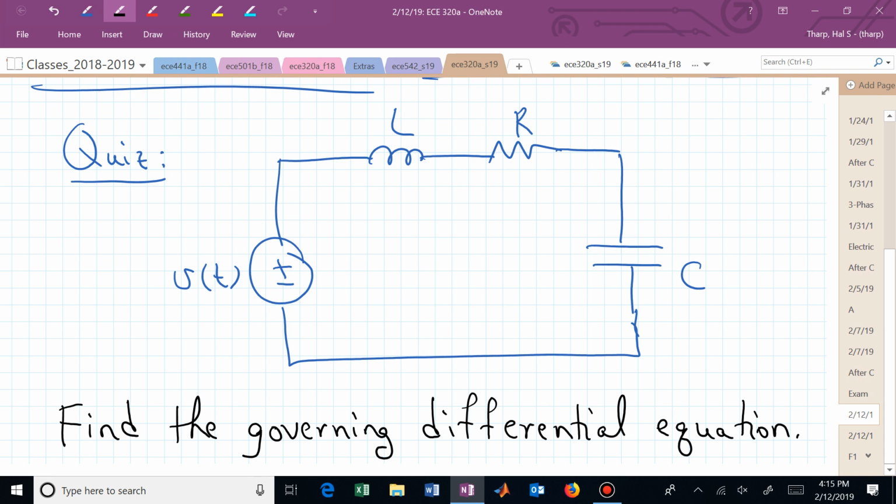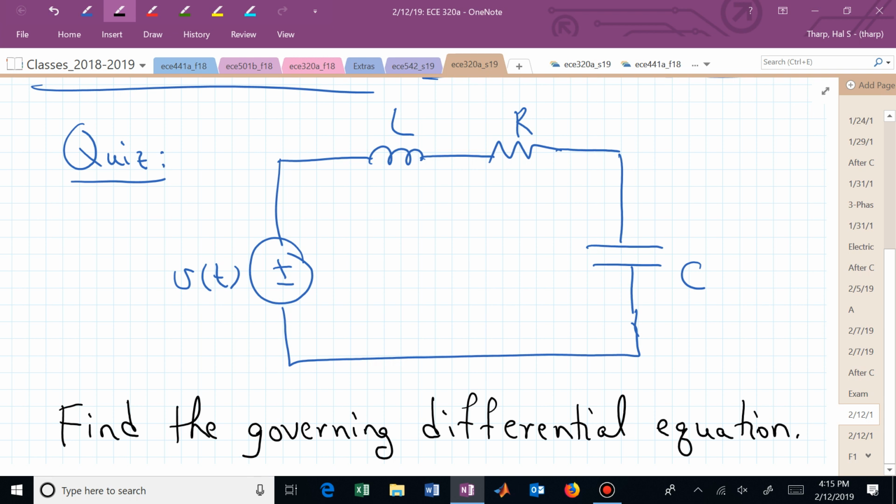Theoretically, it's the Laplace transform, inverse Laplace transform of each component summed up, correct? That should give you a differential equation. So what I want you to do is come up with the time domain differential equation without worrying about Laplace transform just yet.